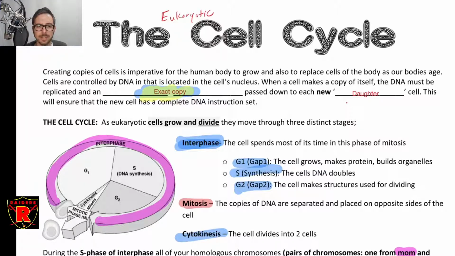You have to make an exact copy of your DNA, hopefully with no errors, although you always get a few. And then you need to subdivide that DNA so that 46 pieces go in one direction and 46 pieces go in the other direction, and you need one of each chromosome to go in each direction, obviously, so that both daughter cells are identical to the original.